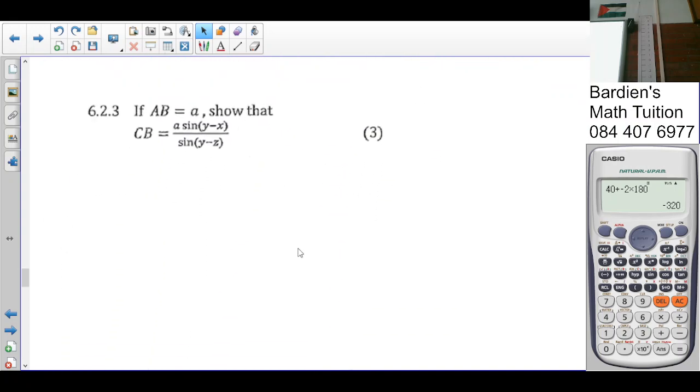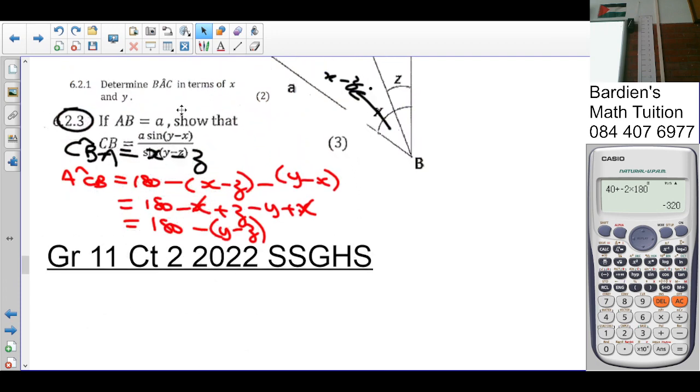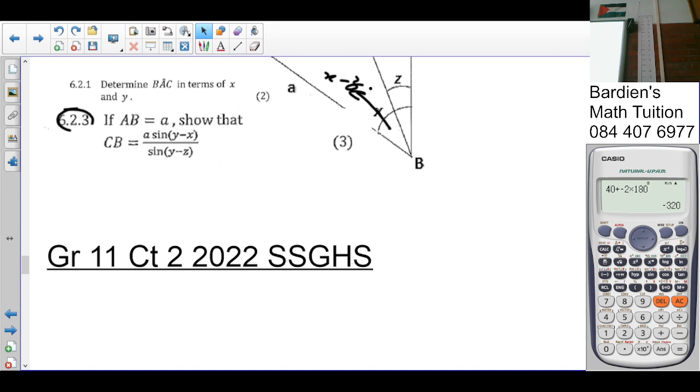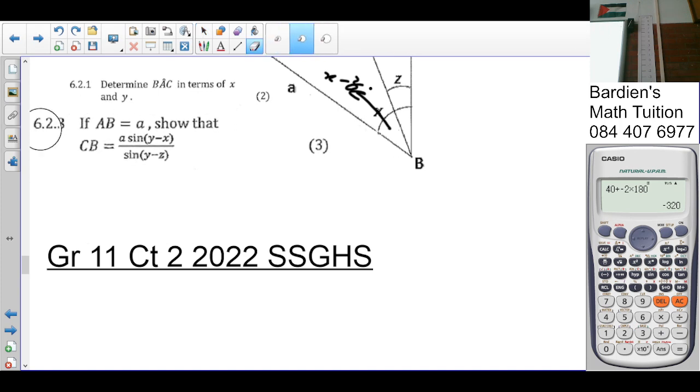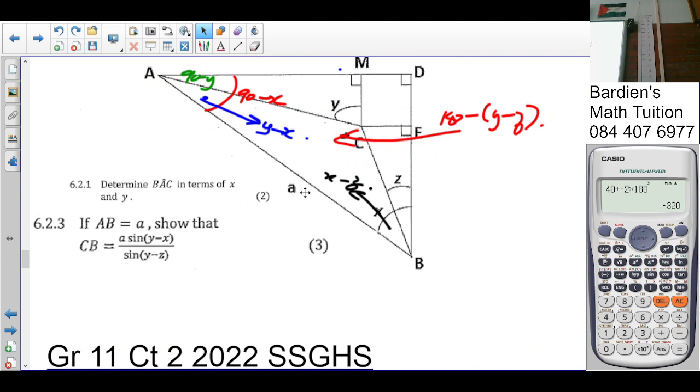Then the next question says, once again the information is on the diagram. If the length of AB is a, as you can see it's on the diagram there, show that CB is equal to that.